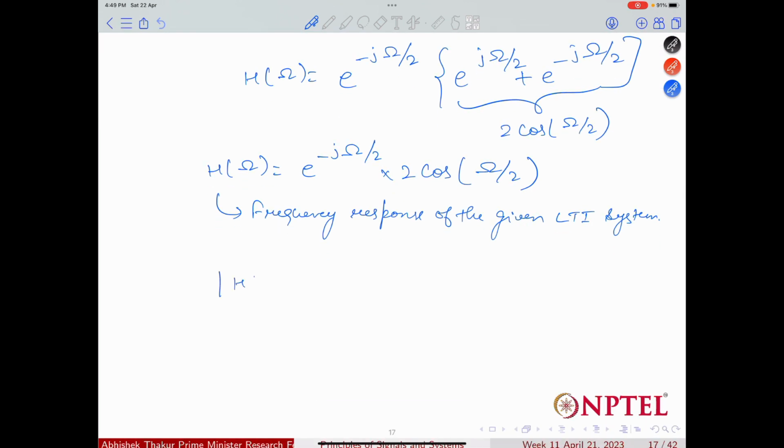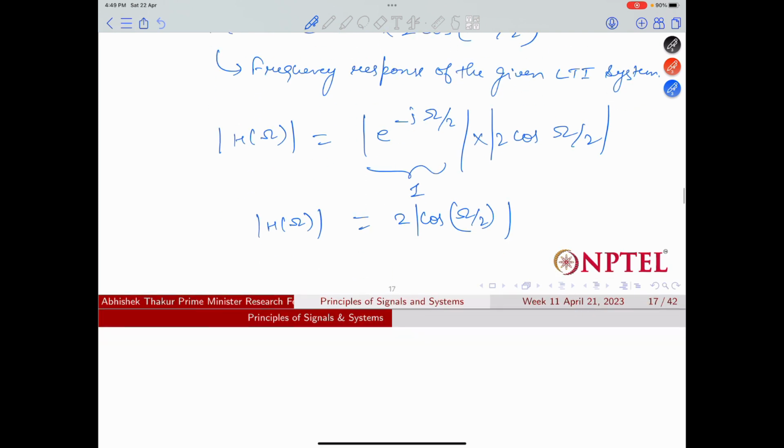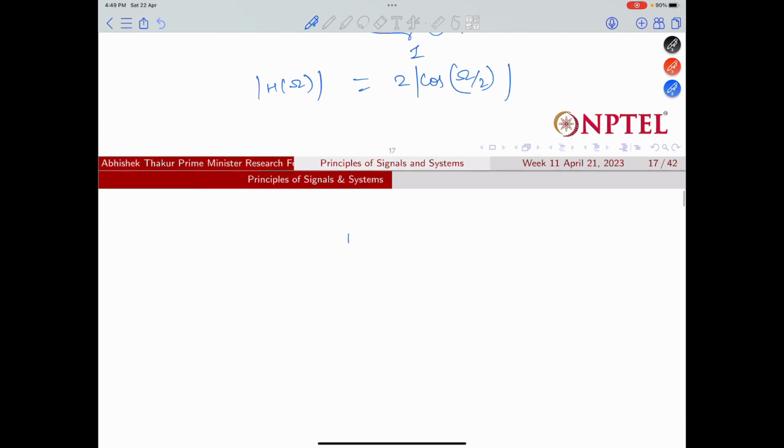Now magnitude of H of omega is equal to magnitude of e to the power of minus j omega by 2 into 2 cos omega by 2. The magnitude of the exponential term is 1, so this is equal to 2 cos of omega by 2. That is the magnitude of H omega. H omega will be maximum when omega is 0, where the value is 2.